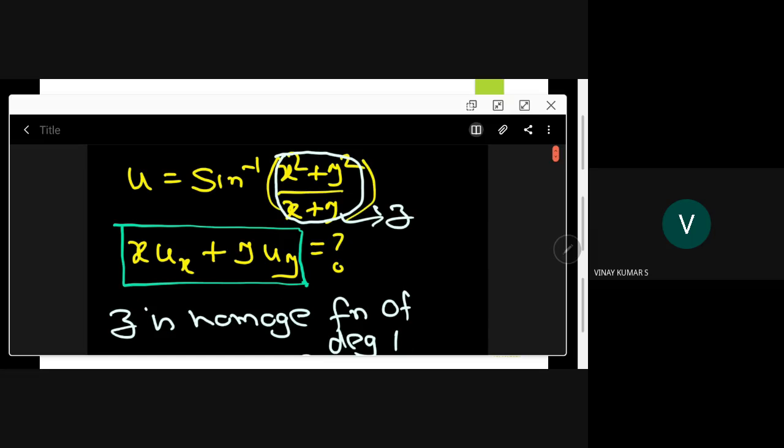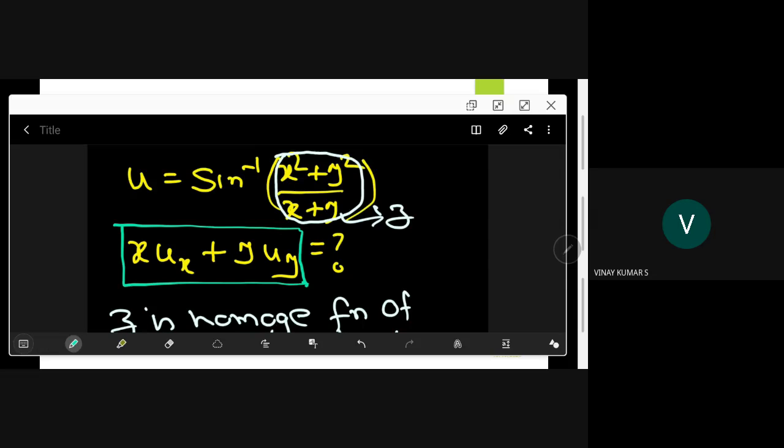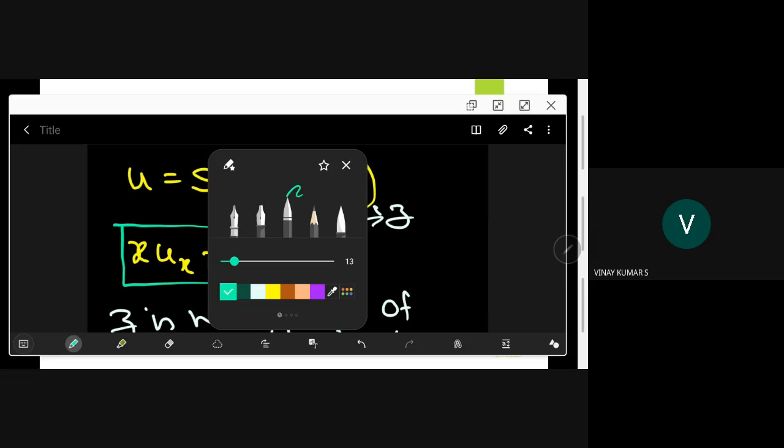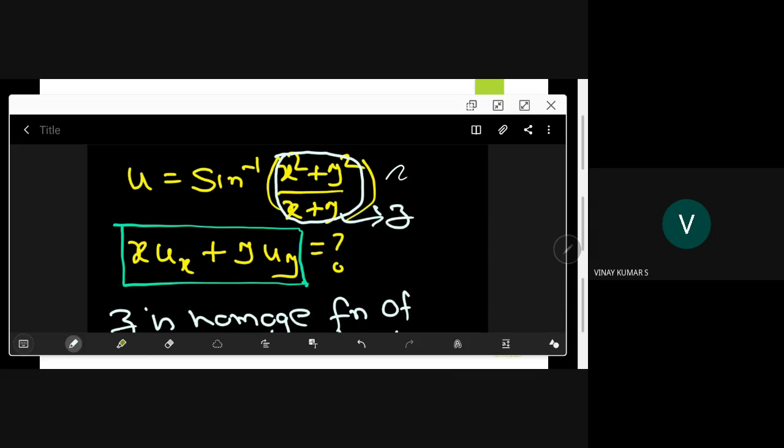Z is homogeneous. So what we will do is that because z is homogeneous, I can write this thing as z is equal to sine u.